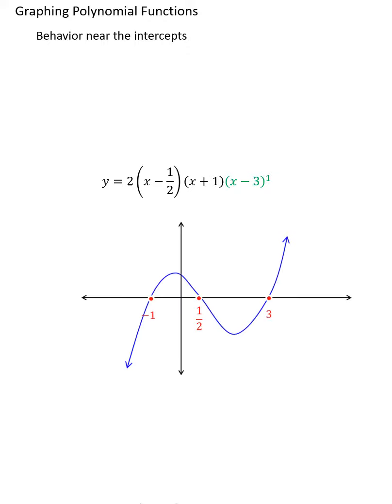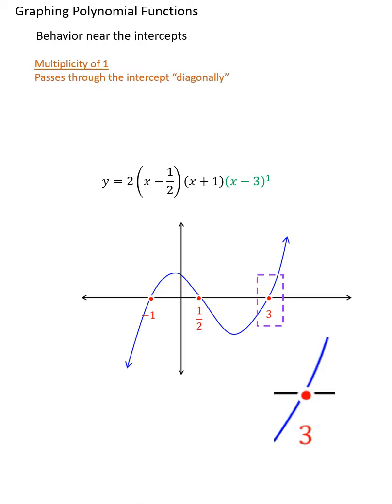This is the graph that we saw earlier. And if we were to take a close look around the intercept at 3, what we would see is that the graph passes through that intercept, and not only passes through, but passes through in a sort of diagonal fashion. Now, the function is not linear here, but it's very close to it.